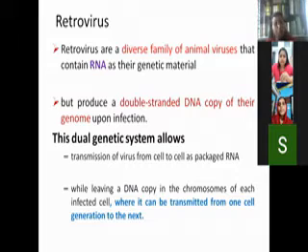So retroviruses contain RNA as their genetic material, and upon infection, they produce a double-stranded DNA copy of their genome. This dual genetic system allows transmission of the virus from one cell to another as packaged RNA, and it also leaves a DNA copy in the chromosome of each infected cell.